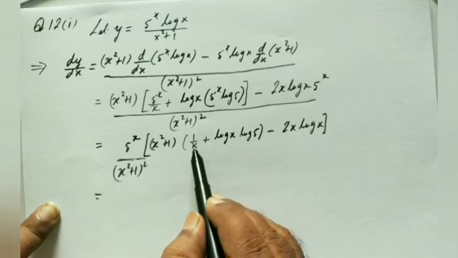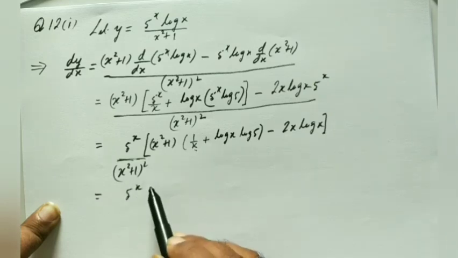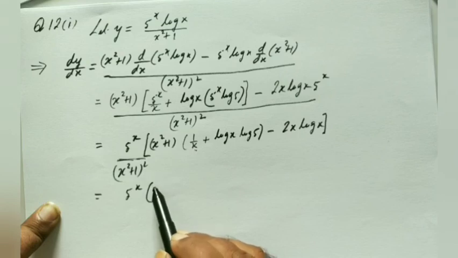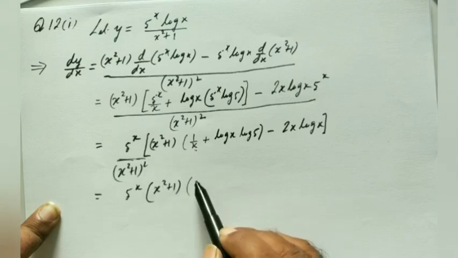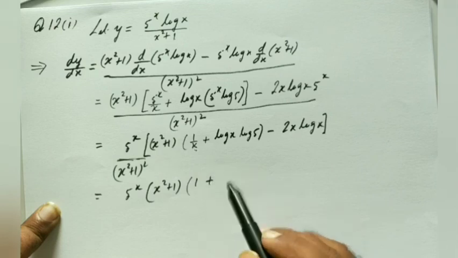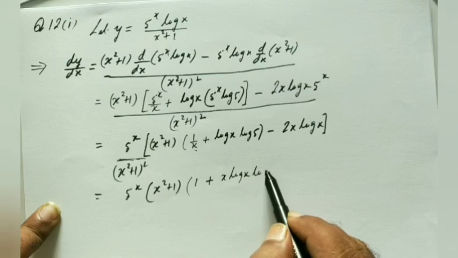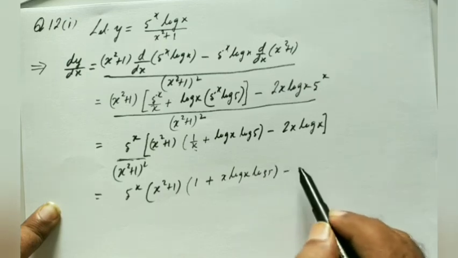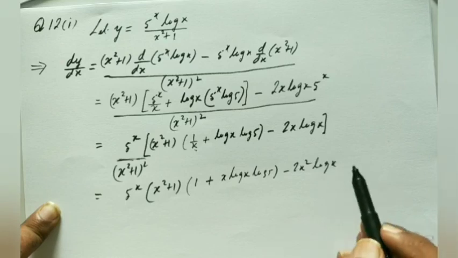Now this x, 5 to the power x, x square plus 1 plus x log 5 and minus 2x square log x.